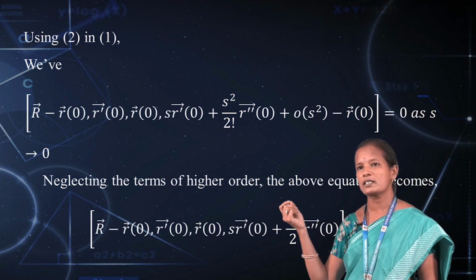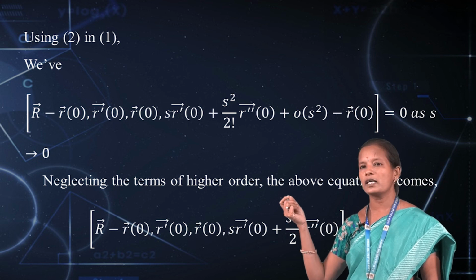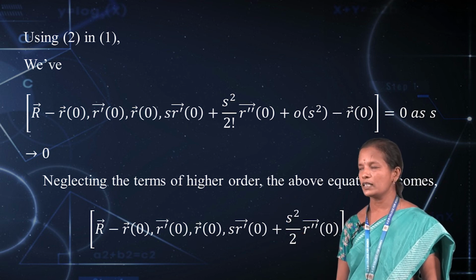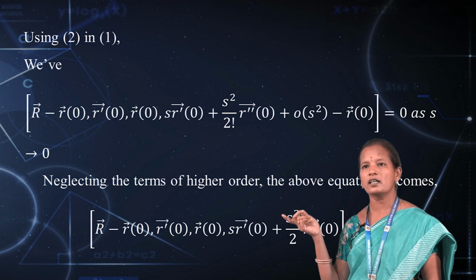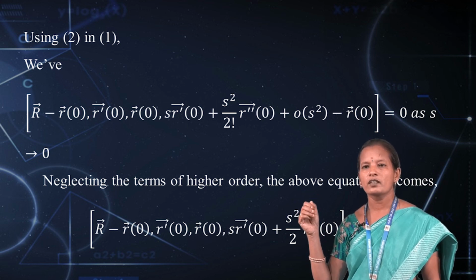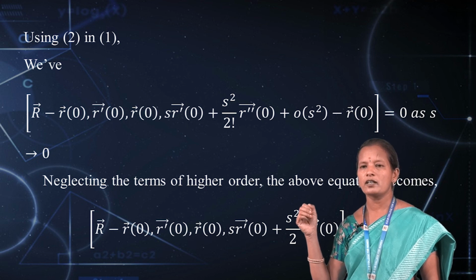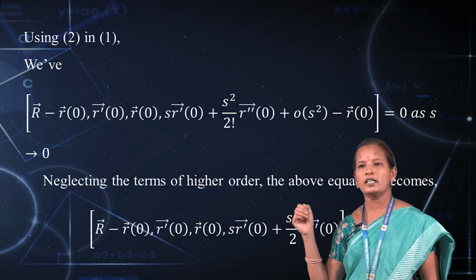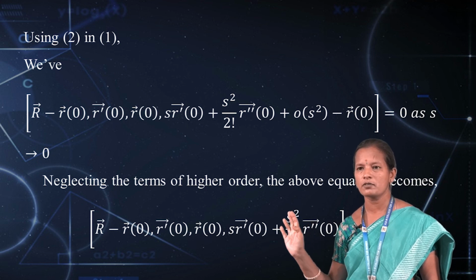That is using the result 2. It is equal to 0 as s tends to 0. Neglecting the terms of higher powers, the above equation becomes the box value of capital R minus small r of 0, comma r dash of 0, comma s into r dash of 0 plus s squared by 2 r double dash of 0, is equal to 0.